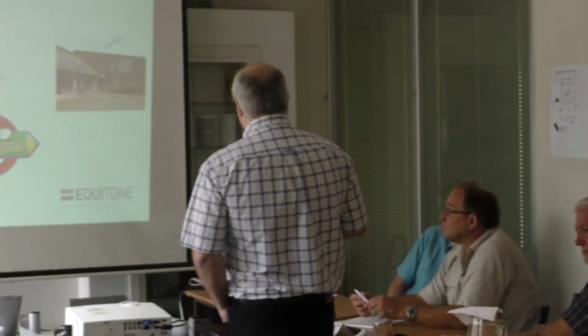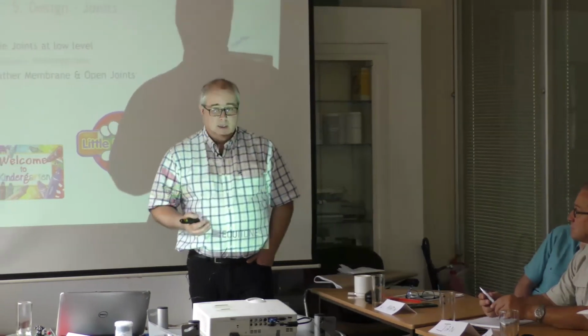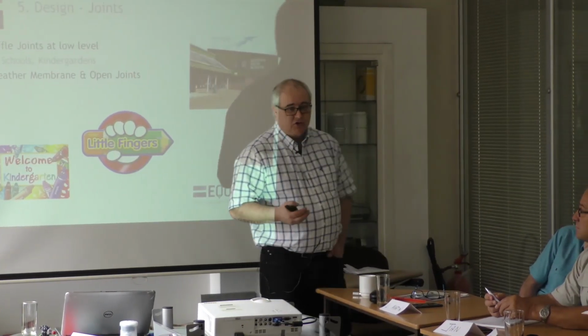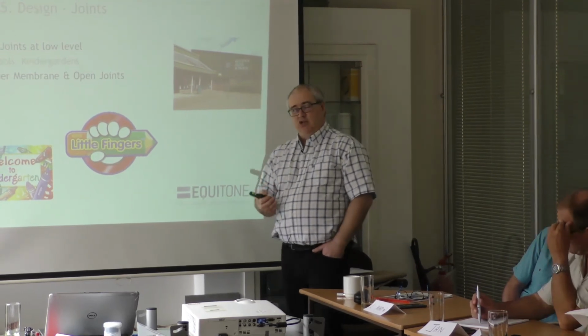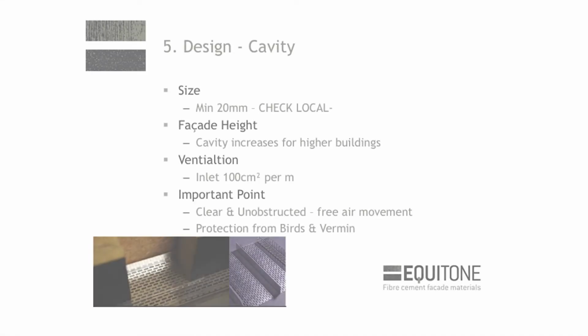Black panel, red line, black panel, red line, black panel, red line. Because you can see through the cavity. The moral of the story is, be conscious if there's an open jointed system specified of what's happening behind the panel. And don't always go for the cheap alternative, because it'll cost you twice as much to fix the problem in the future.